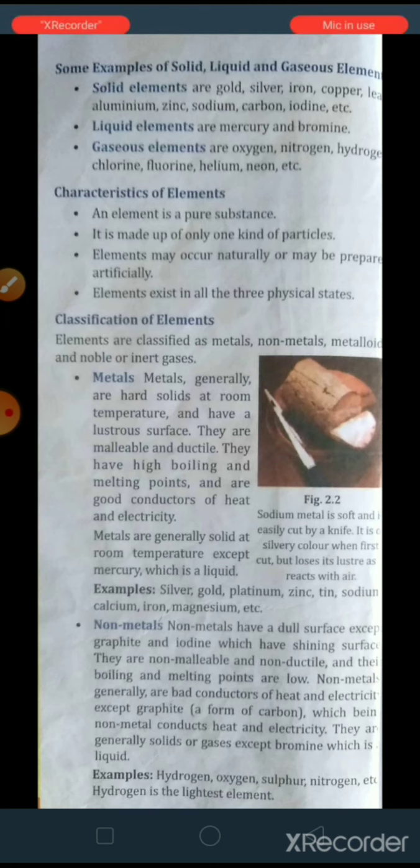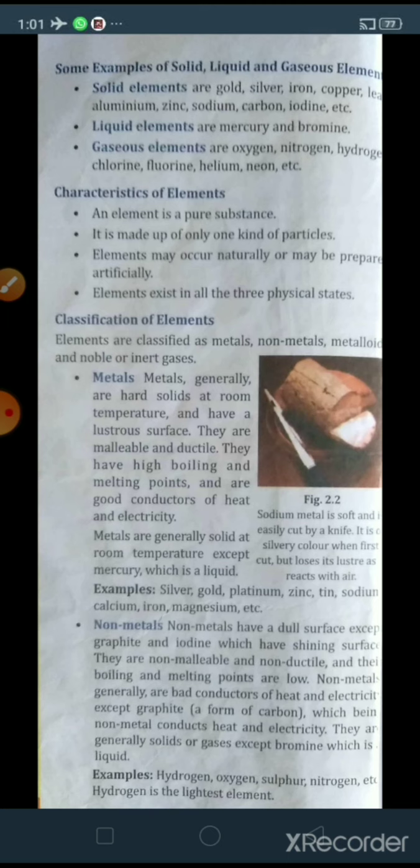Okay. Next one, they have high boiling and melting points. The metals have high boiling points. Boiling means if the metal is in liquid form, when we supply heat, the metal is converted into gaseous form.